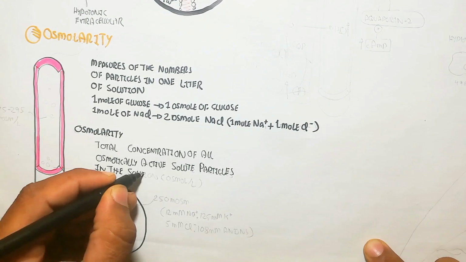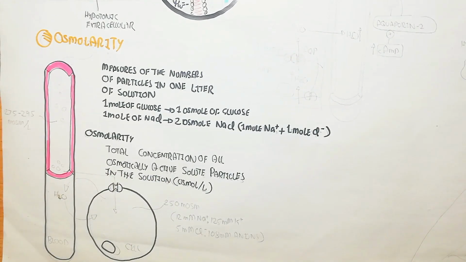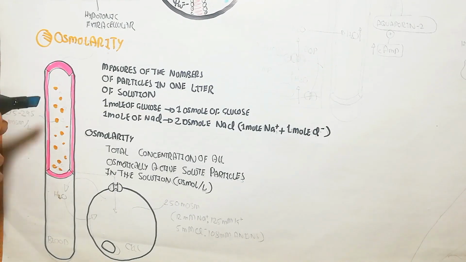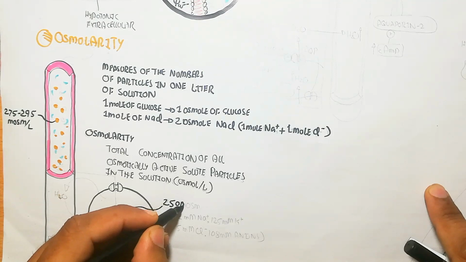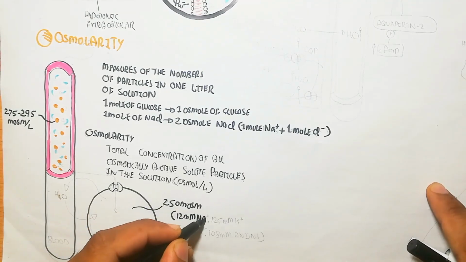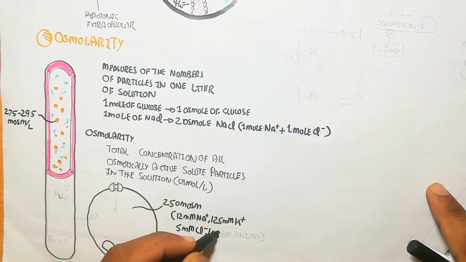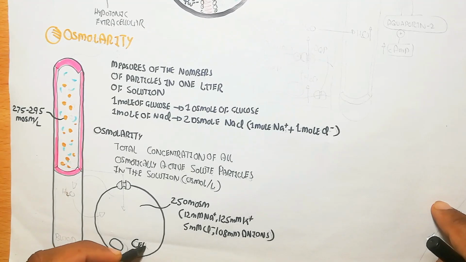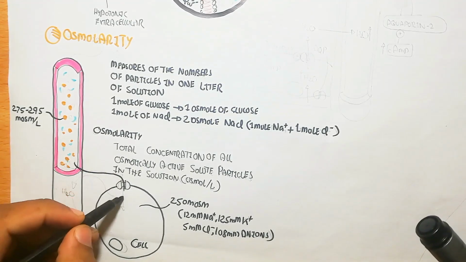In this way the osmolarity will increase in the blood, which allows the movement of molecules from higher concentration to lower through channels into the cell. Like glucose requires insulin for movement. The blood salt-containing solution is 275 to 295 milliosmol per liter, while 250 milliosmol contains many cations and other anions.